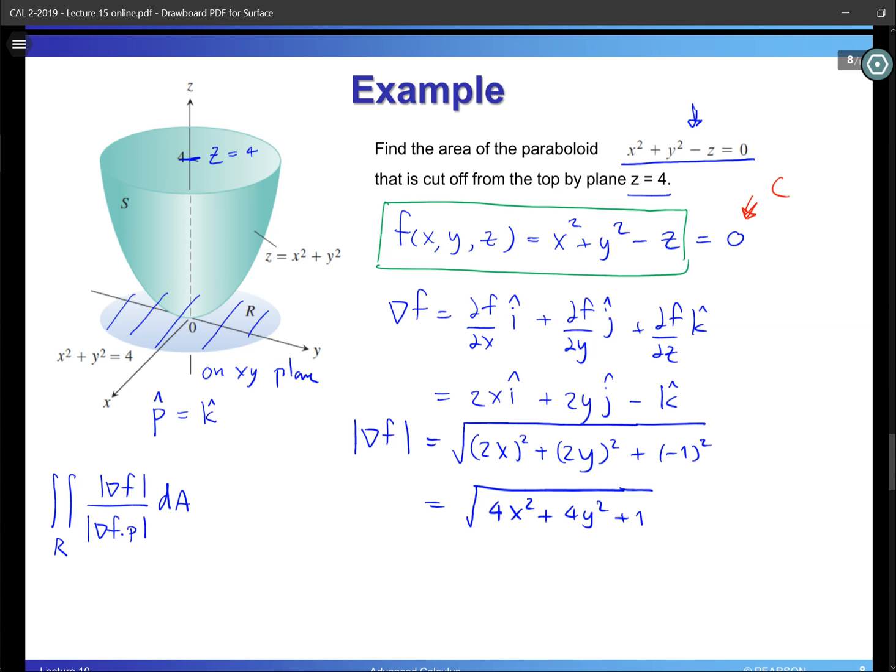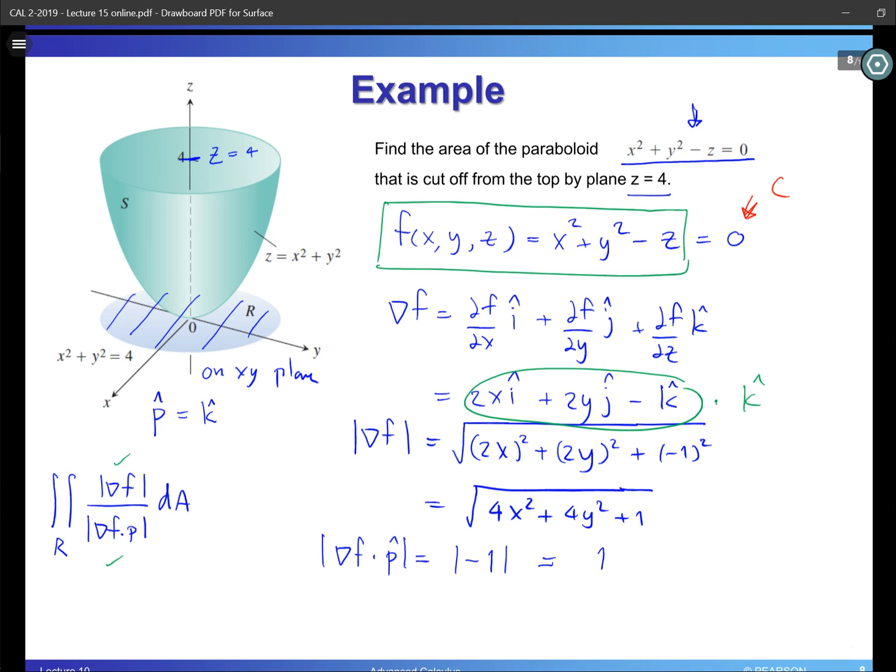Okay, so that is the first term we need for the numerator here. Now we need this gradient of f dot p, which is k hat, and you can see here that gradient of f dot p is going to be equal to minus 1, right? And then we put the absolute value, it's going to come out to be just 1.